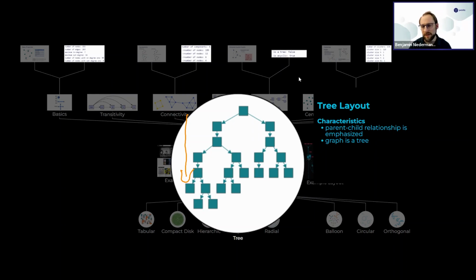Actually, our tree layouts of yFiles typically also allow you to have non-tree edges. So for example, it could be that you have some edges here or here. This would be also okay. What the algorithm basically does, it first ignores these non-tree edges, then it creates the layout of this tree.